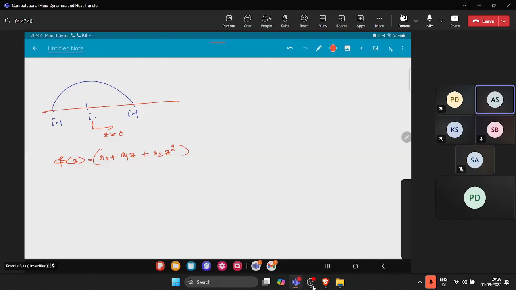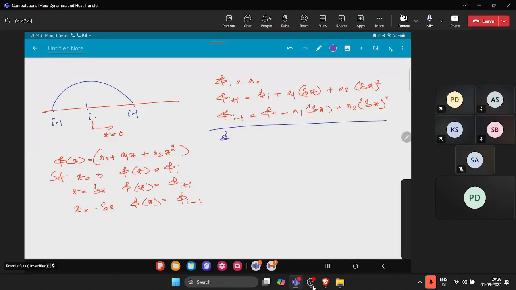Yes, sir. Okay. So phi I plus 1 plus phi I minus 1 equals 2 a2 delta x square plus 2 phi I. Okay. So a2 is basically equal to phi I plus 1 plus phi I minus 1 minus 2 phi I divided by 2 delta x square.